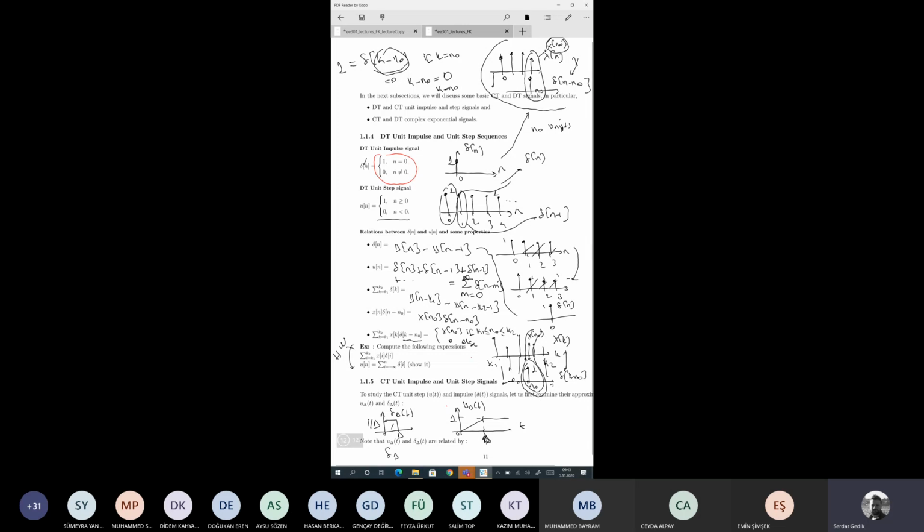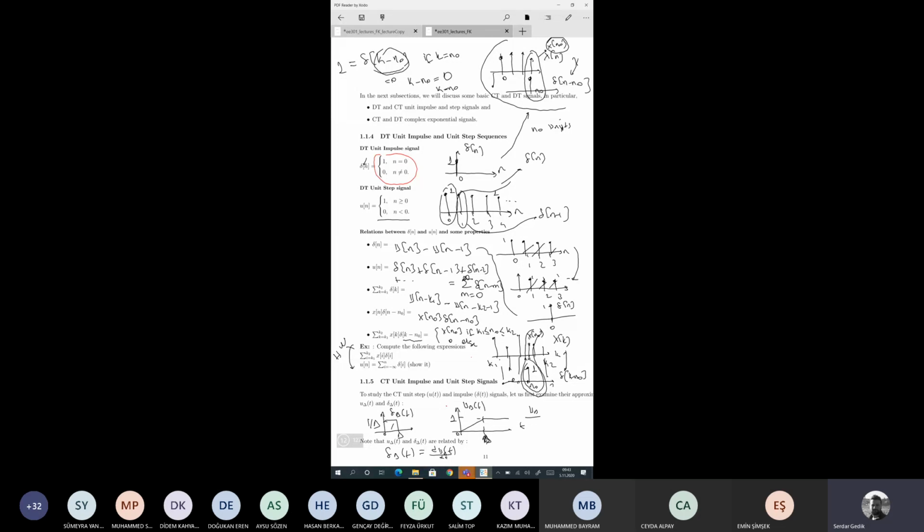Then, of course, this is the relationship between those two. Impulse delta of t is equal to du delta of t by dt. So if you take the derivative of u delta, then it is simply equal to impulse delta of t.